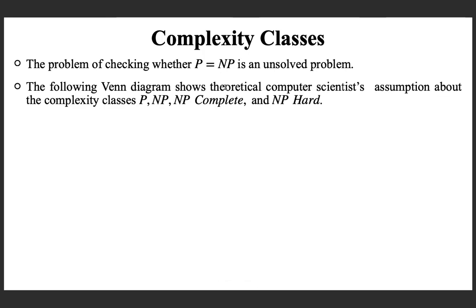And we discussed the complexity classes P, NP, NP complete and NP hard, and also co-NP. But now I am going to show you a Venn diagram which includes all these classes except co-NP. And the Venn diagram is an assumption by the theoretical computer scientists.